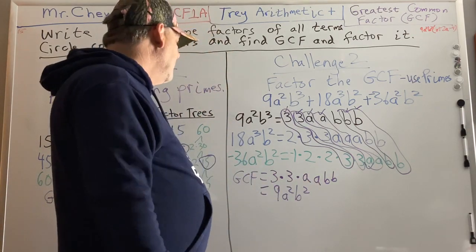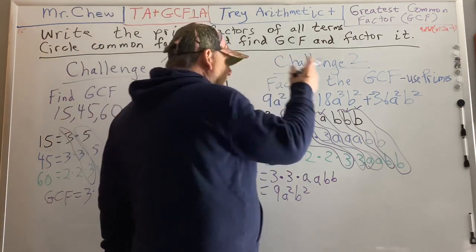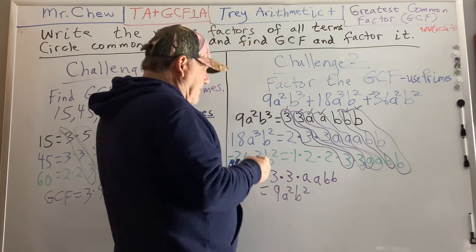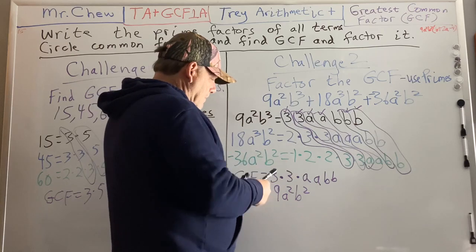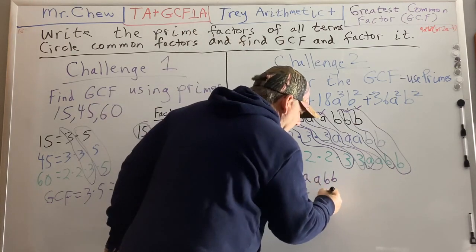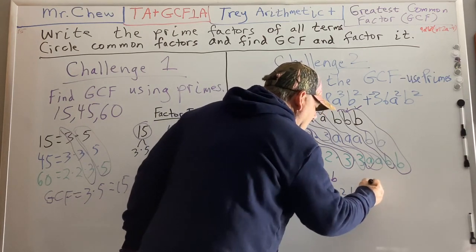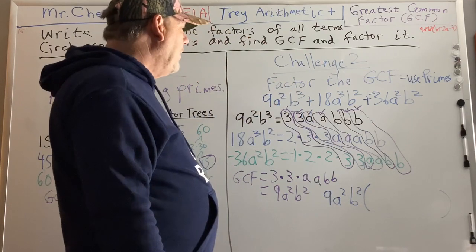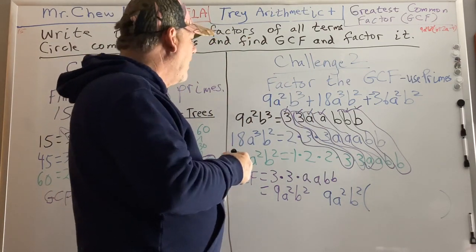Okay? Now to factor that out, I'm going to take and write this outside of the parentheses. So I write 9A squared B squared. Then inside the parentheses, I'm going to put the items that were not circled.